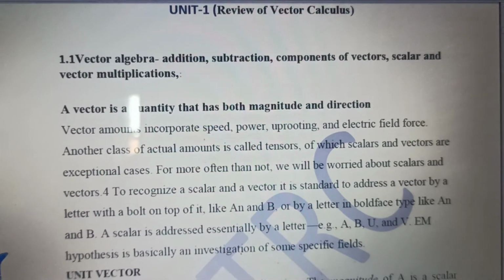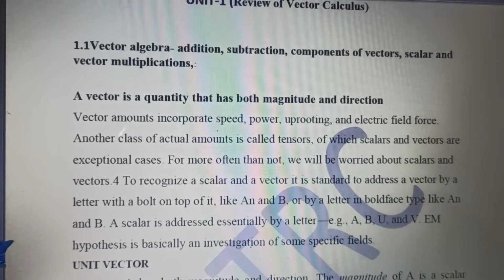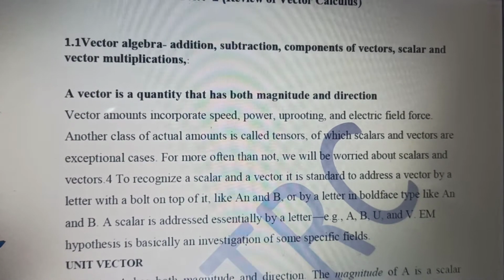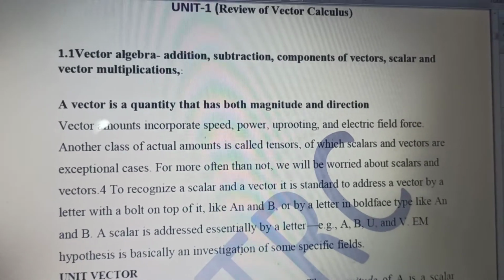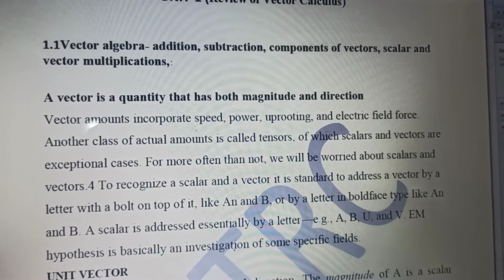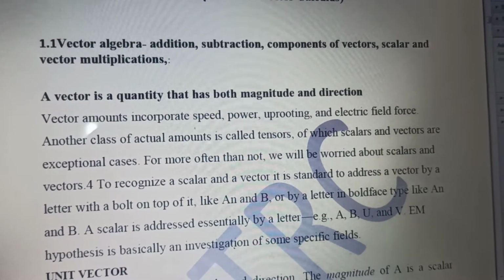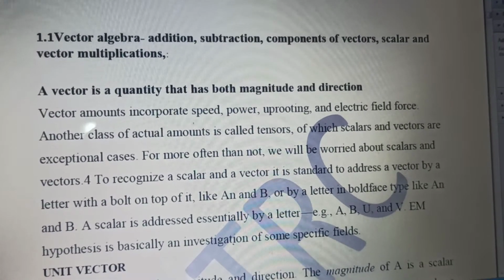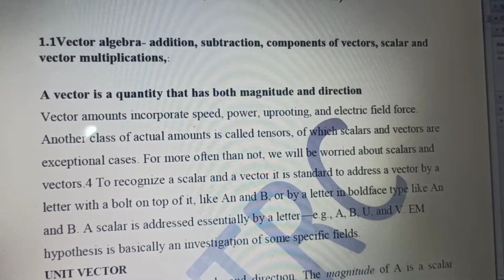Now, if we move further, we all know that electric field and magnetic field are vectors, so the evaluation of vectors becomes an integral part. We have to understand what exactly a vector is and how calculations involving vectors are performed.